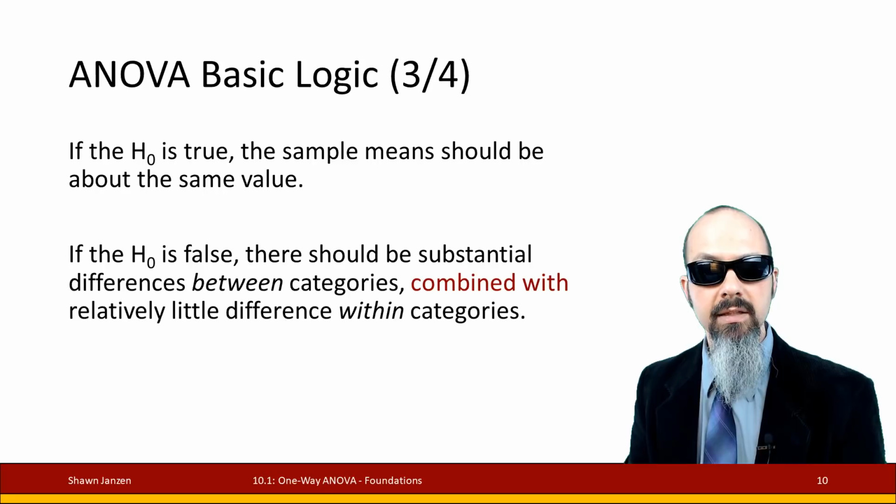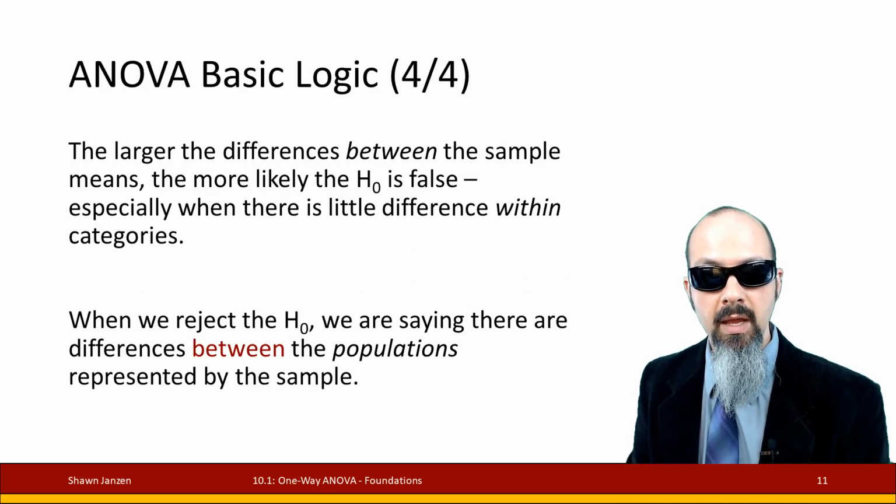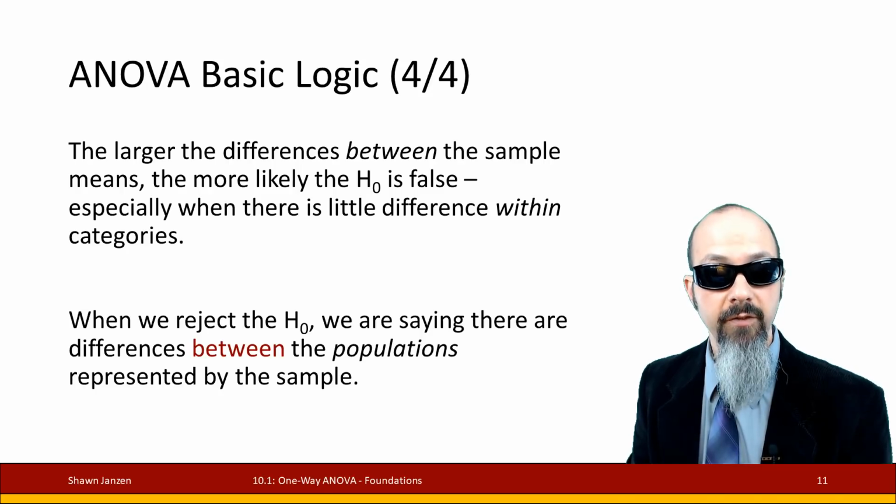Now if we're saying that the null is true, what we're saying then is the sample means should all be about the same value. And if it's false, there should be substantial differences between the categories, combined with relatively little difference within the categories. Let's take a closer look and see what this means and how this can play out for our hypotheses. Now when we said that the differences are larger between the samples, it is more likely that the null is false, especially when there's little difference within these categories.